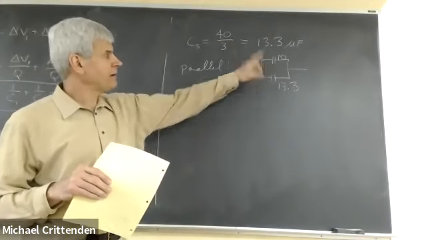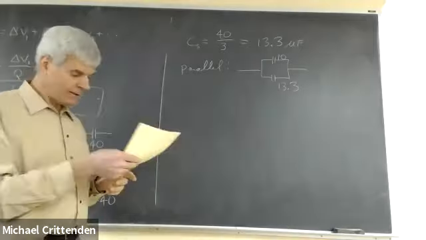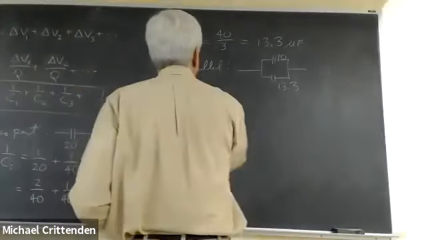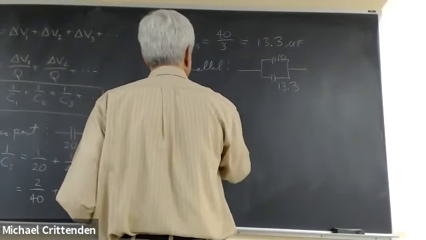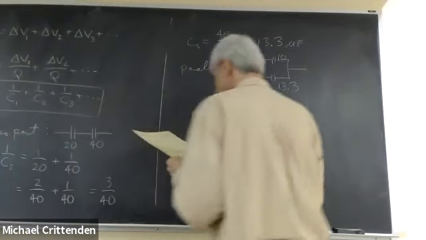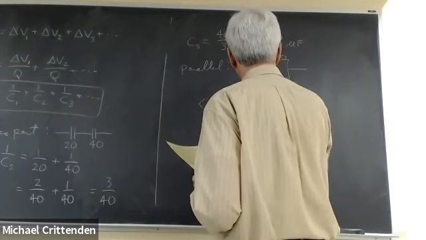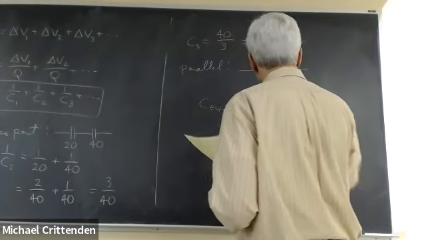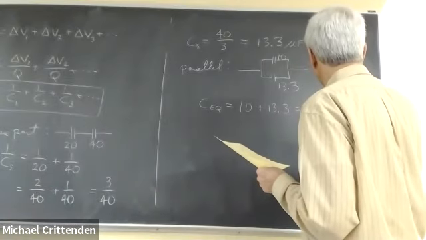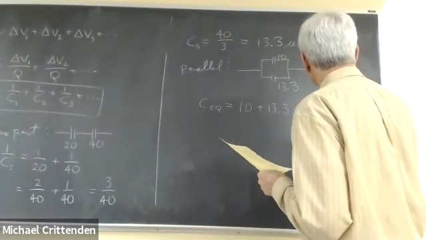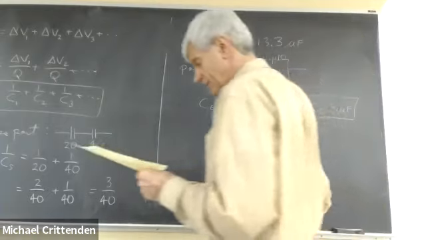And that is in parallel with the 10. In parallel, it's just straight addition. So the equivalent capacitance of the entire group is 10 plus 13.3, and the answer is 23.3 microfarads.